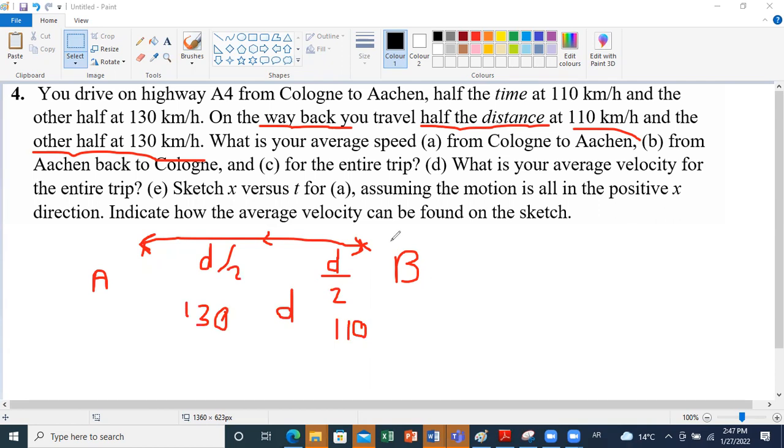So to get the average speed from B to A, speed average from B to A is equal to the total distance traveled, which is d, over delta t total, over delta t of motion.